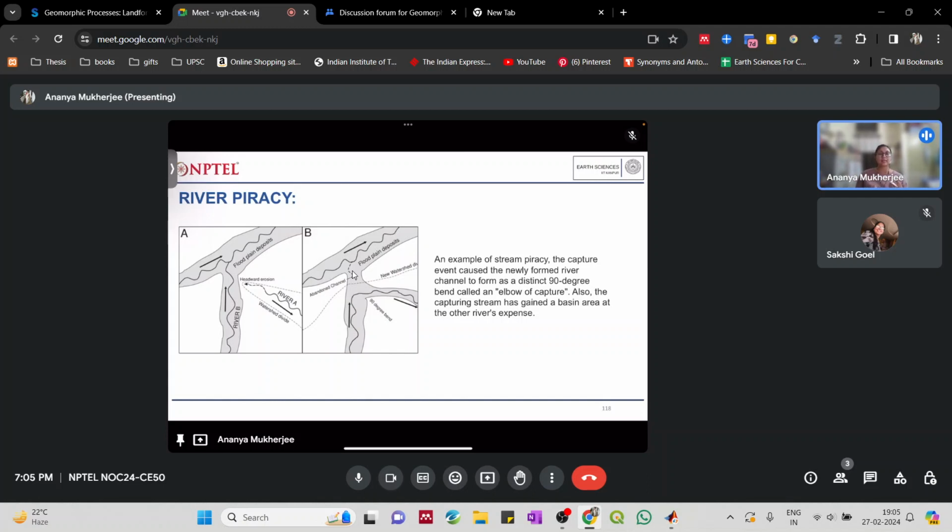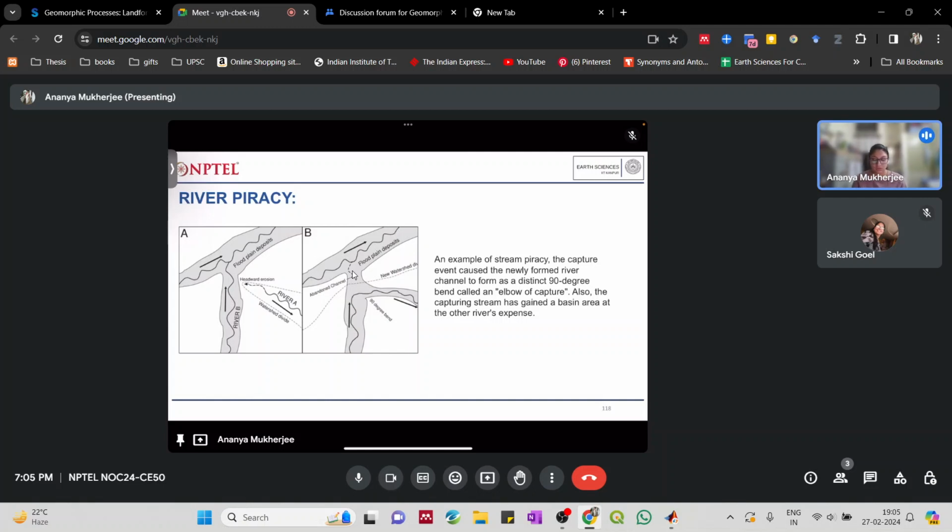Okay, and the river from which the channel has been stolen would suddenly change the way it is flowing. The amount of discharge decreases, and maybe if it was a main river channel which was actually supplying the water to it, it can start drying up with time.